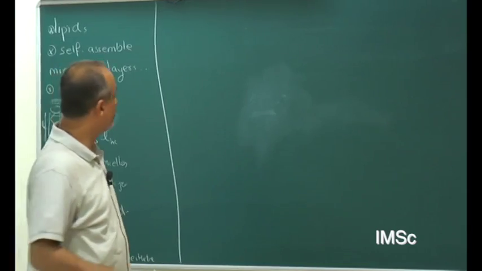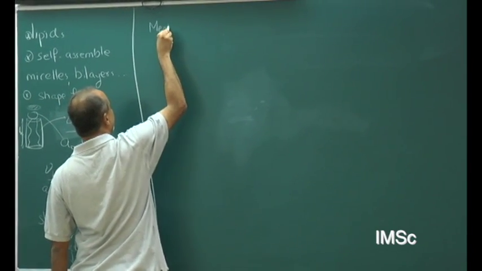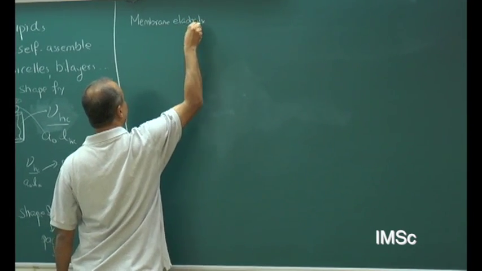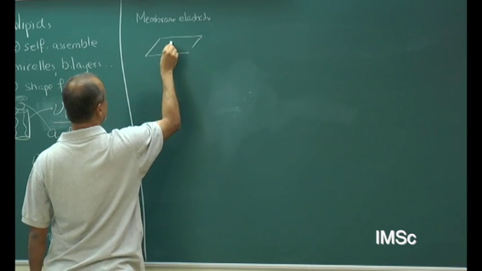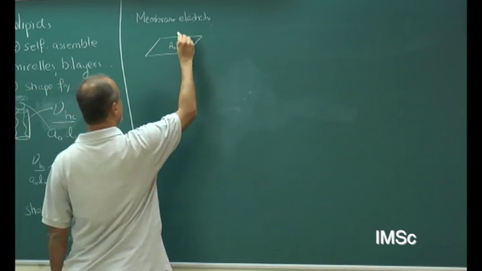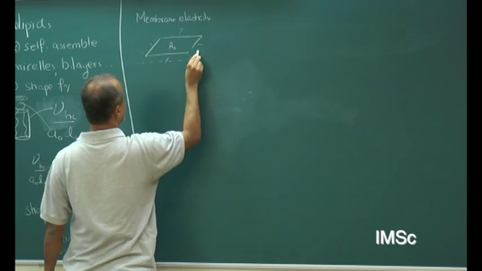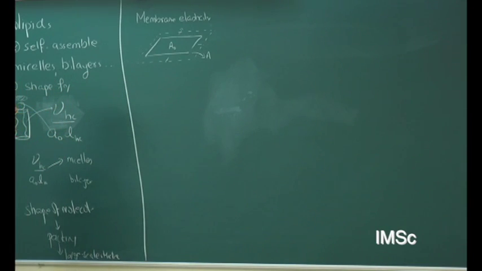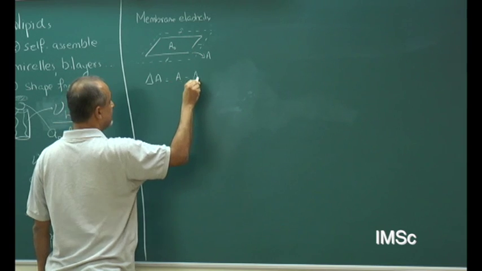The next step is to discuss a little bit about the elasticity of the membrane. So imagine that we have a membrane of some area A naught, and now we stretch it. This is a flat membrane which we now pull at from these different regions, here, here, here, and here, until the membrane area increases to an area called A. So the change in the area, delta A, is just A minus A naught.